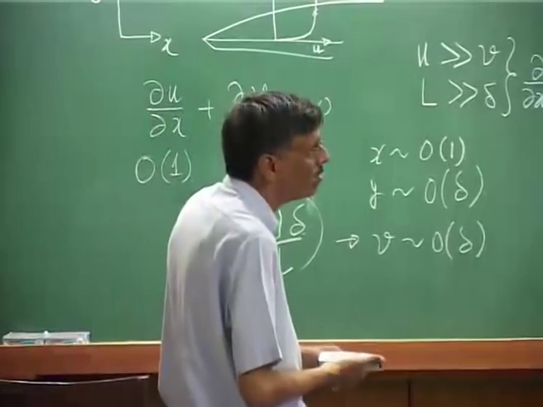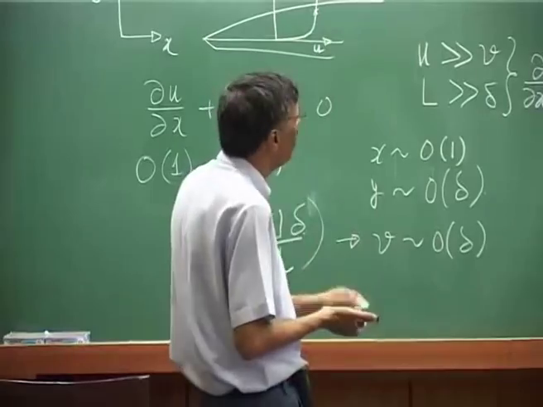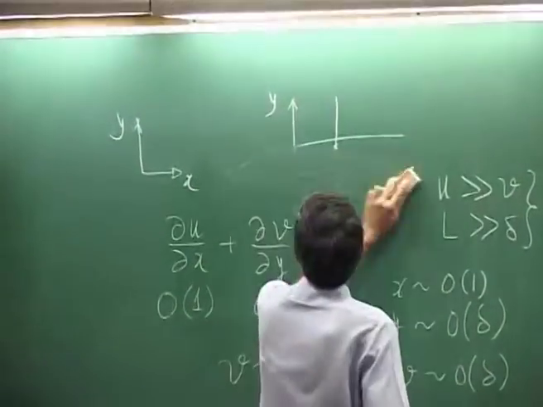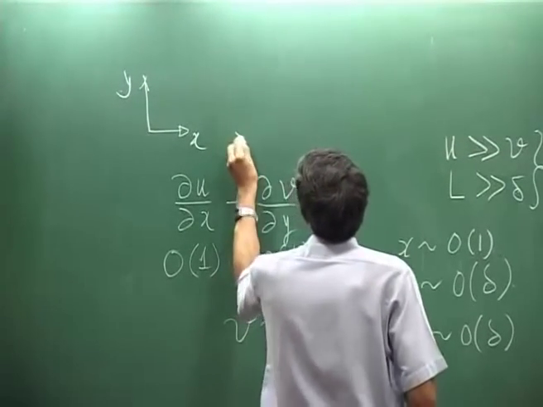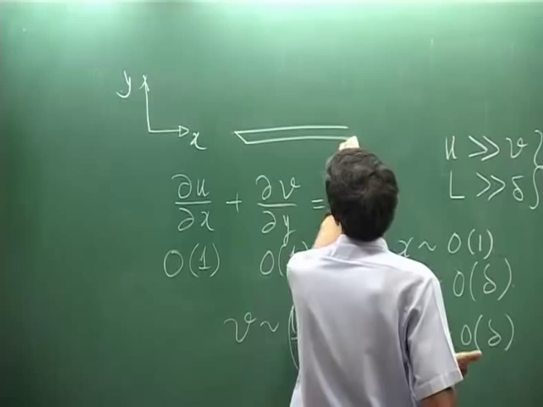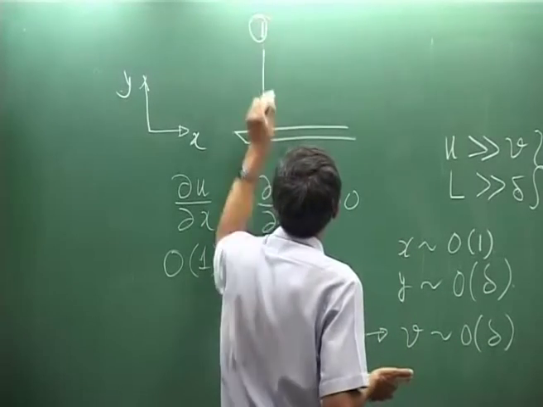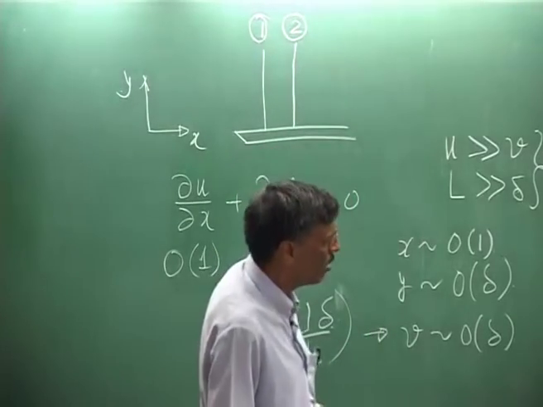Initial value problem, or a marching problem, is something like this: if I look at this boundary layer growing over this plate, then the equation allows us to get the solution in station 1, then I can get the solution in station 2. See, that is what we are talking about.